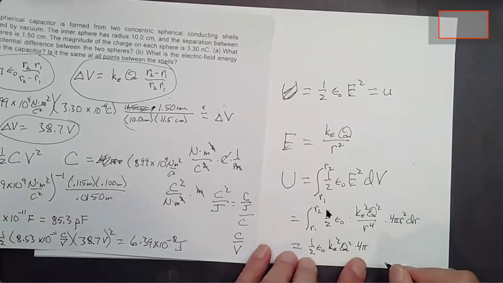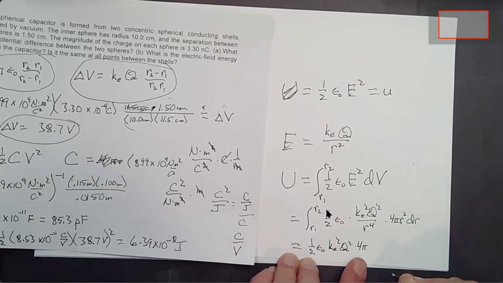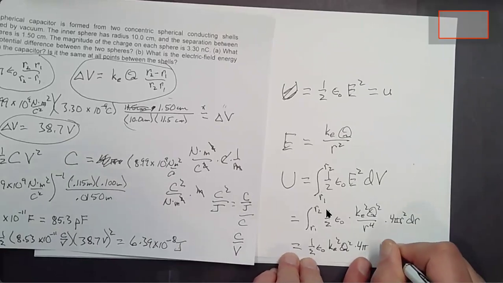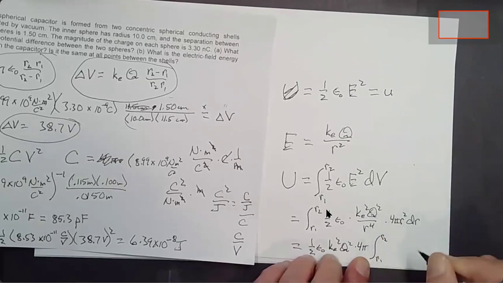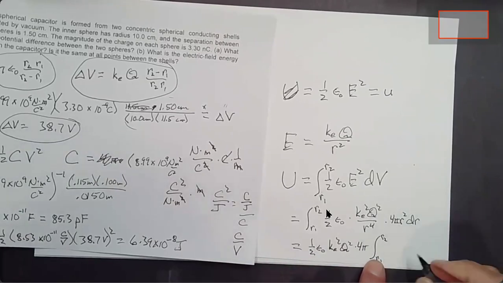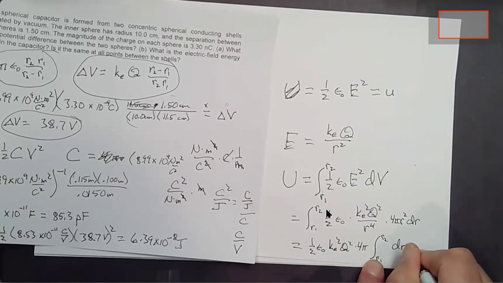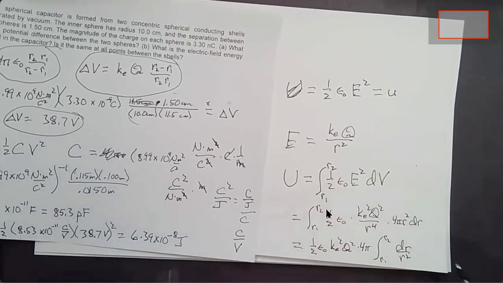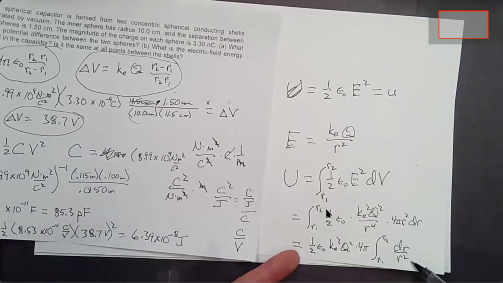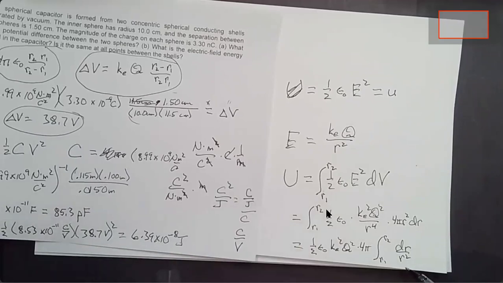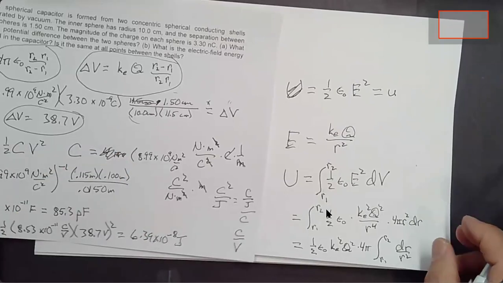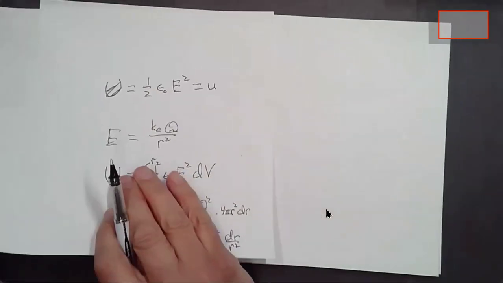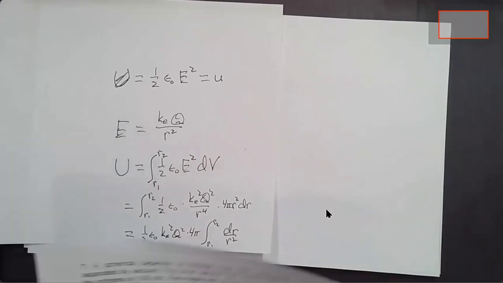So that's all the constants I could pull out of here. And left inside, integrating from R1 to R2, I'll have an R squared over an R to the fourth. I'll actually have dr over R squared. And if you integrate that with the numbers we've got in this problem, you should end up with, shoot, we've got time to do it. Let's go ahead and see what happens when we integrate it here.